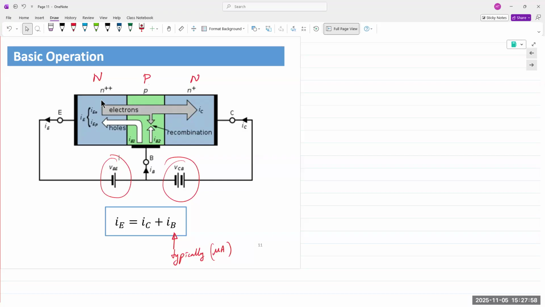Okay, so let me write that down here. This is forward bias. This is reverse bias. IB is typically very small.